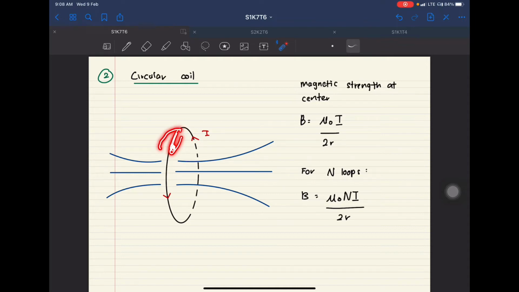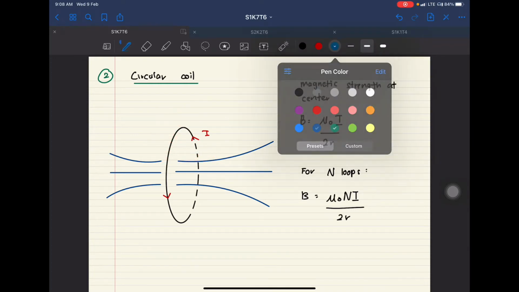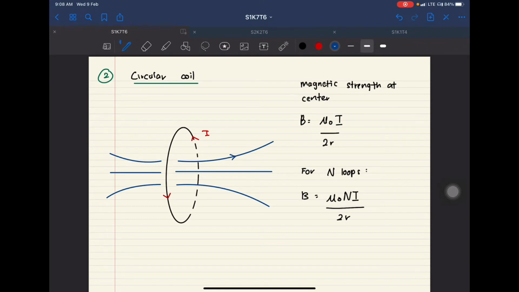So I will have my fingers in that direction. I'm not sure whether you can see that. You have to use the right hand and don't use the left hand. So your fingers are something like that, curling towards that direction. So in this case, your magnetic field will be pointing in that direction. If you can't see this, you can PM me directly later.